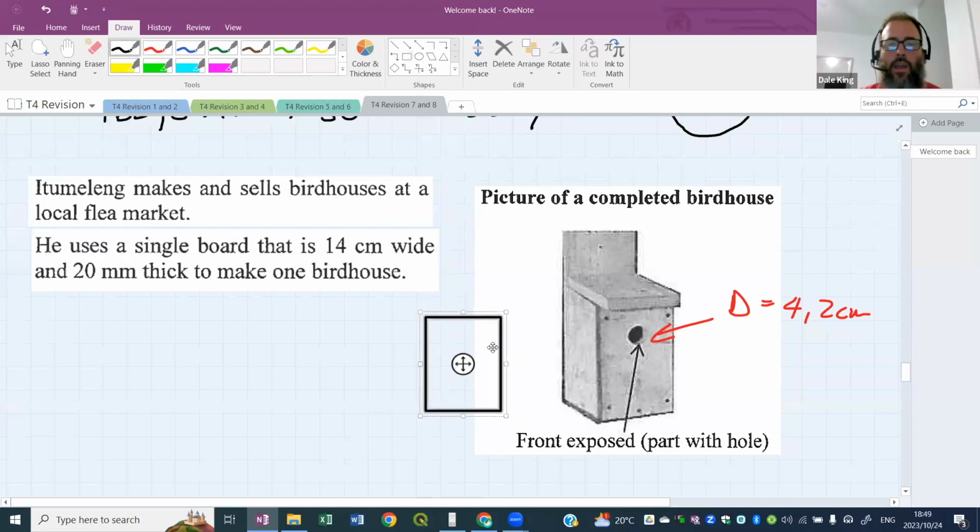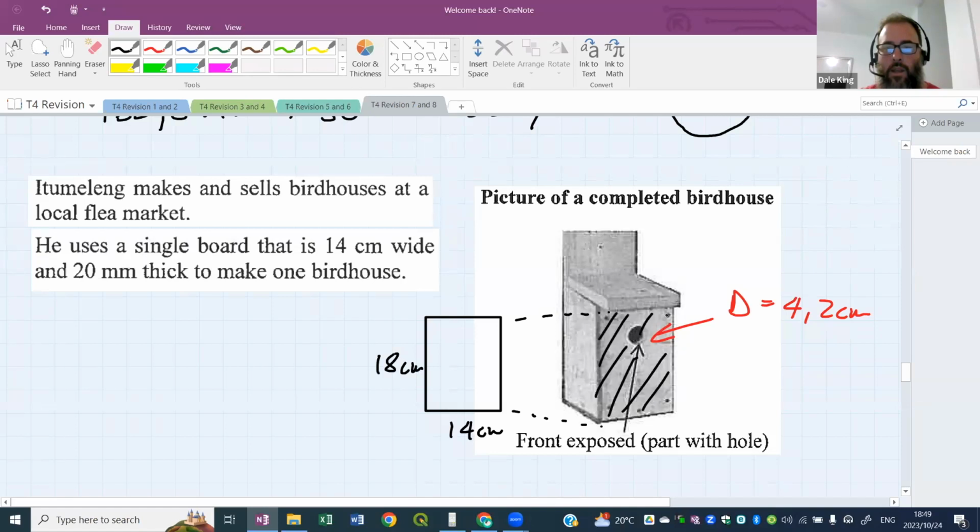I'm going to say that the front board of this birdhouse is 14 centimeters wide and 18 centimeters high. So that front rectangular piece of board that I'm highlighting is 14 centimeters wide and 18 centimeters high.